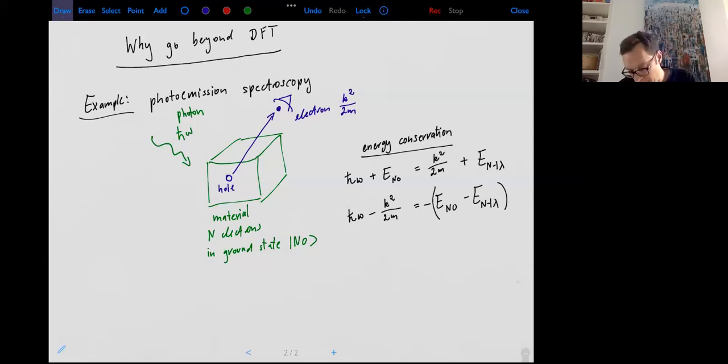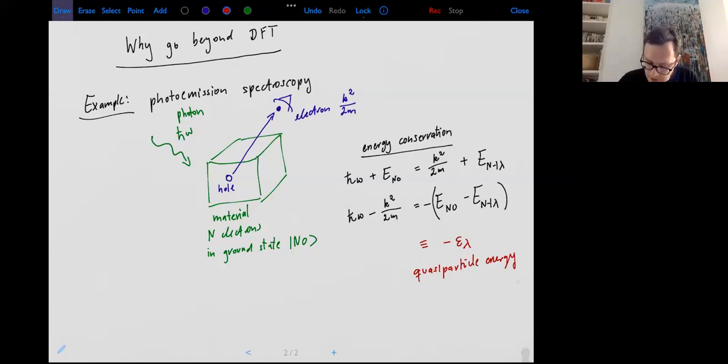And so what one typically does is one calls this energy difference, we'll define by epsilon lambda, and we'll call that a so-called quasiparticle energy. So that is defined as this energy difference on the right-hand side.